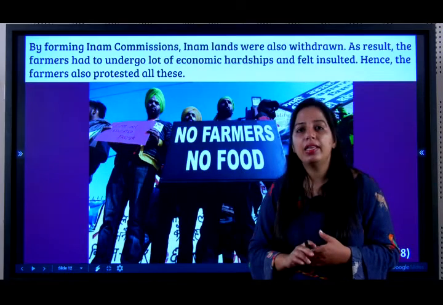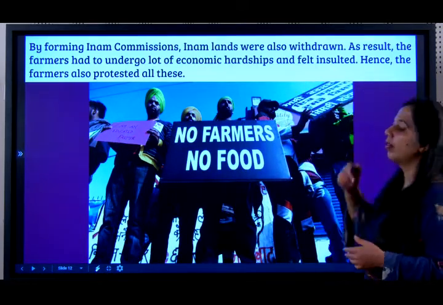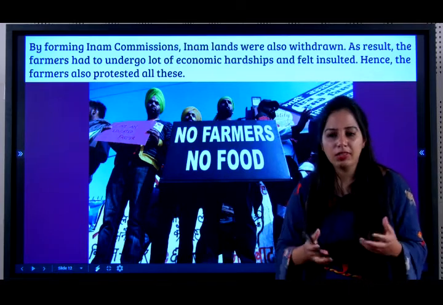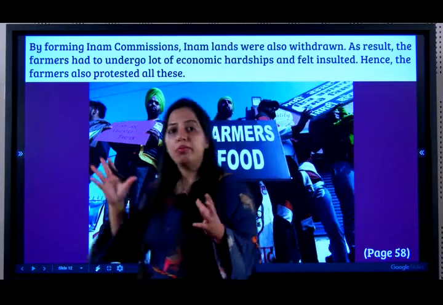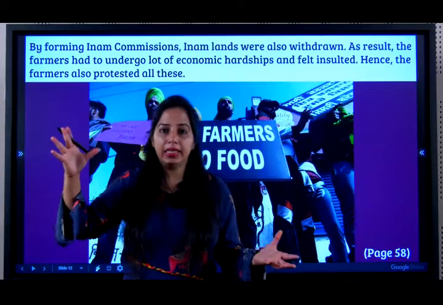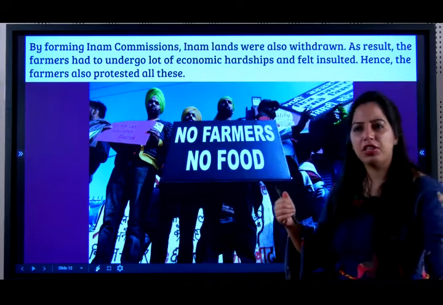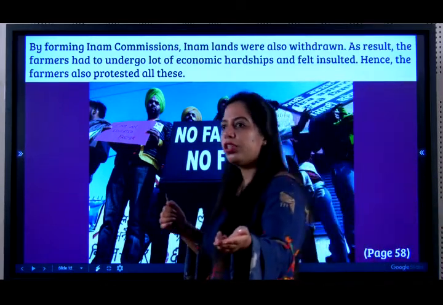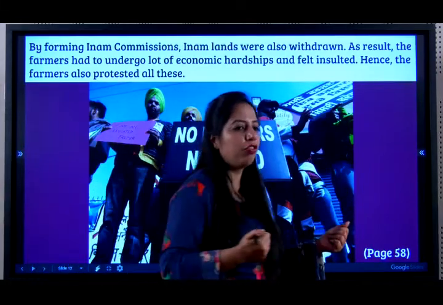By forming the Inam Commission, Inam lands were also withdrawn. What is Inam? What is this Inam land? Let us discuss. So in the Mughal Empire, when the king used to rule, he had a prime minister, he had a treasurer, he had soldiers, he had a chief of command and so many other people who worked for him.